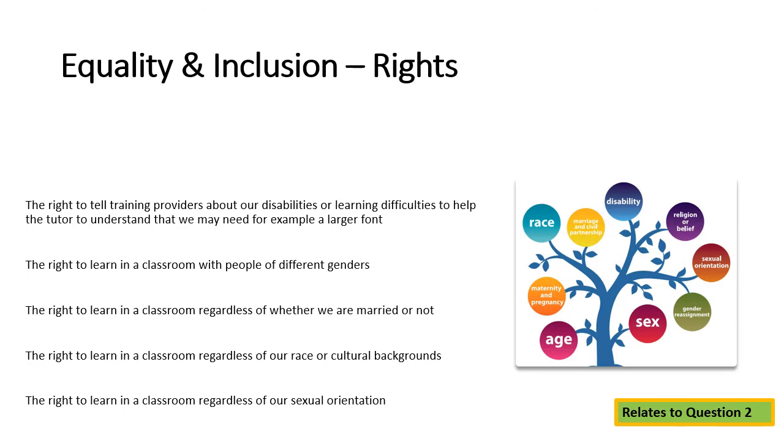Everyone has a right to learn in a classroom with people of different genders, regardless of whether we're married or not, regardless of our race or cultural backgrounds, and regardless of our sexual orientation. So you'll see on that slide, everybody has a right to be involved no matter what.